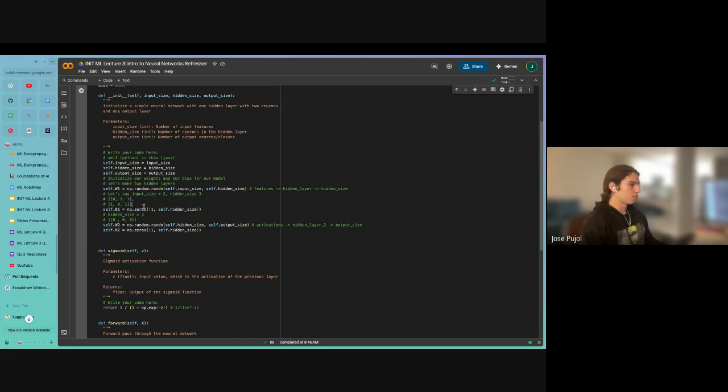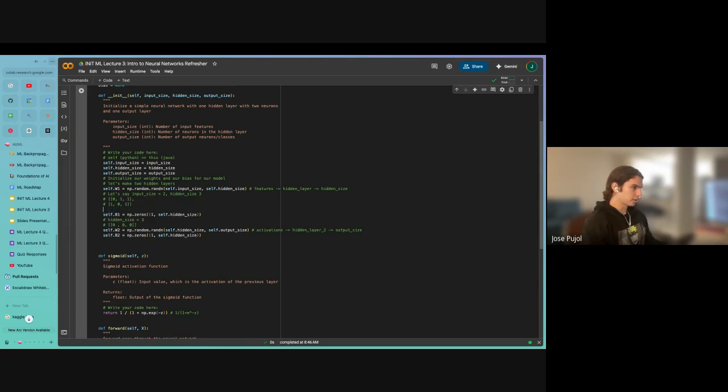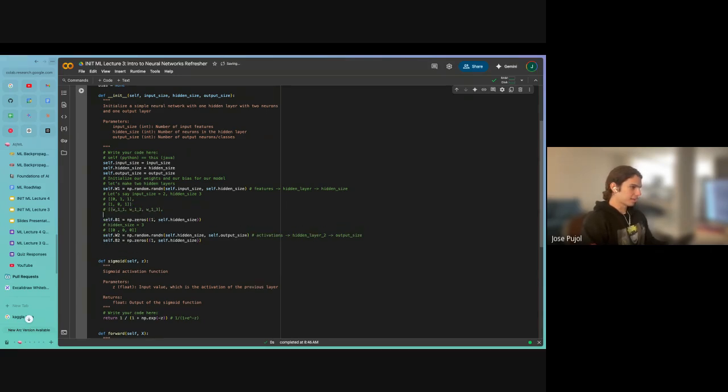So, for example, the way that it is represented is this is weight 1 for the first neuron. The next one is weight 1 for the second neuron, and this is weight 1 for the third neuron. I know this might seem a little weird, but it makes sense mathematically.